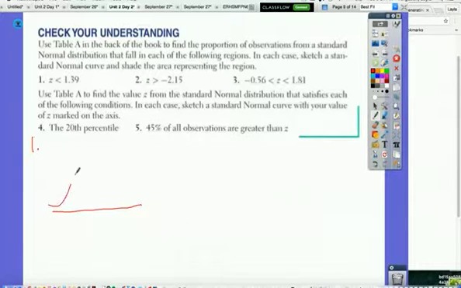So here is your standard normal with a mean of 0, and a standard deviation of 1. And you want to find 1.39. So you basically want to find less than halfway between 1 and 2. So somewhere in here, and you want to find what is this area.